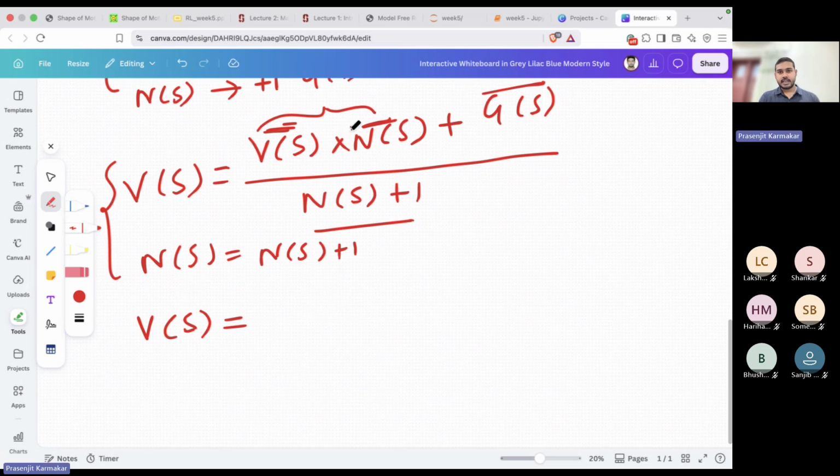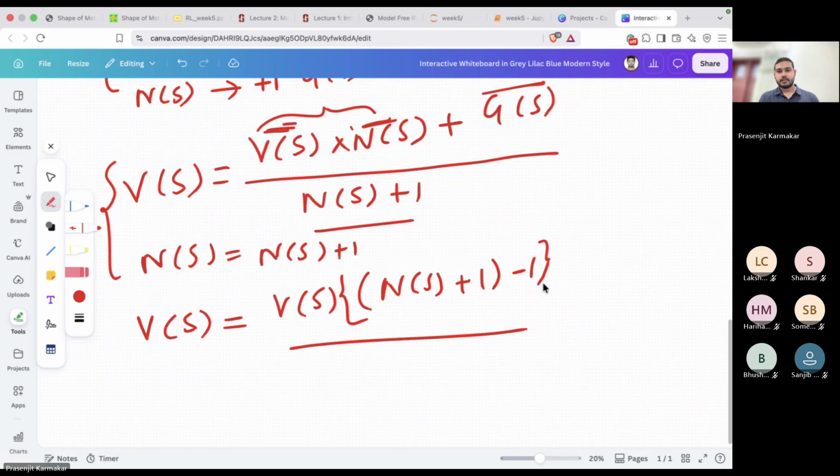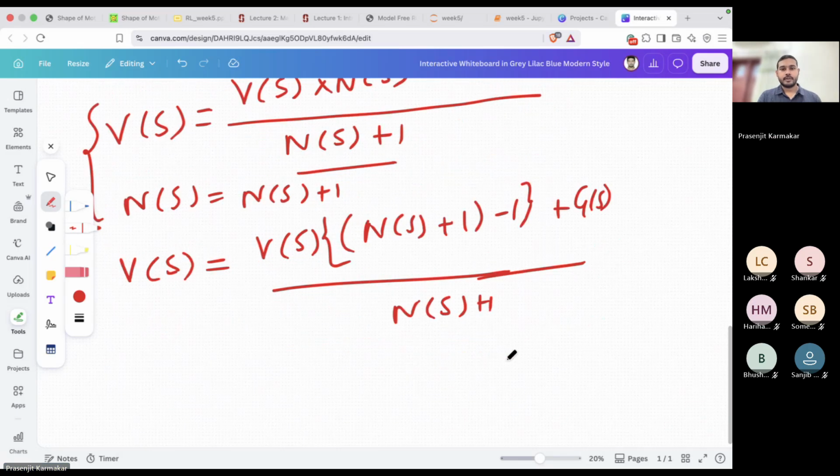so this V of S can be written as N of S plus 1 minus 1, right? Divided by, sorry, plus G of S divided by N of S plus 1. Now I can divide it out.